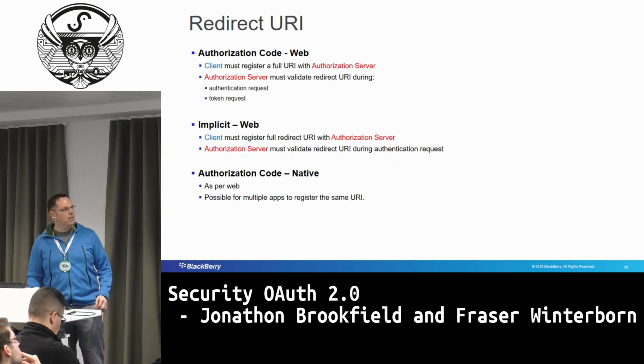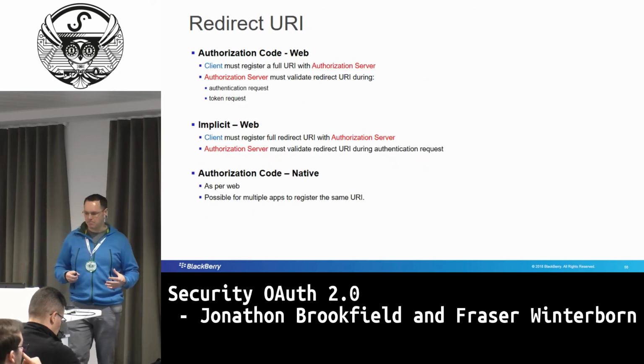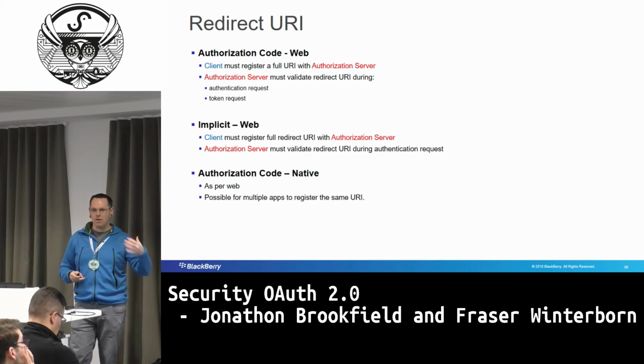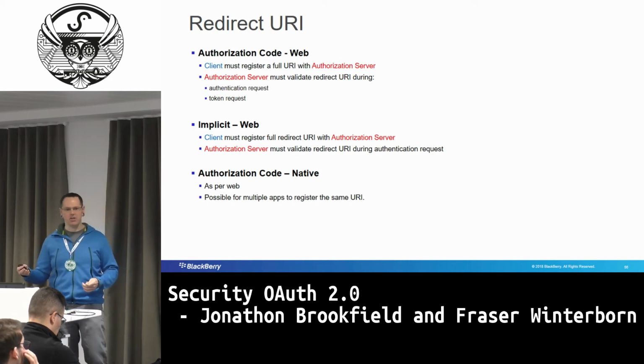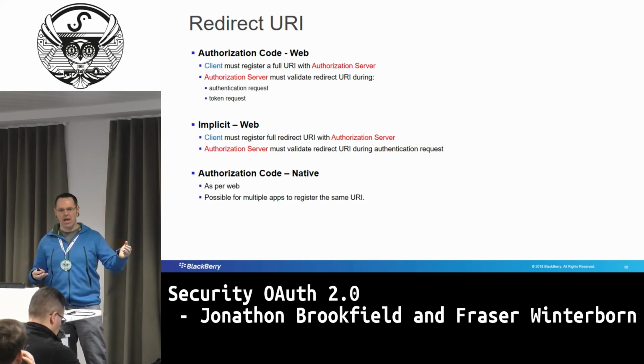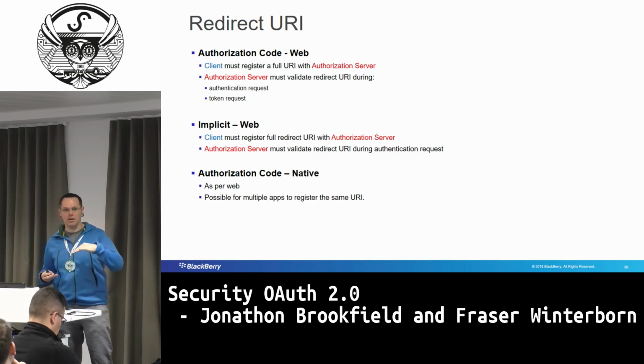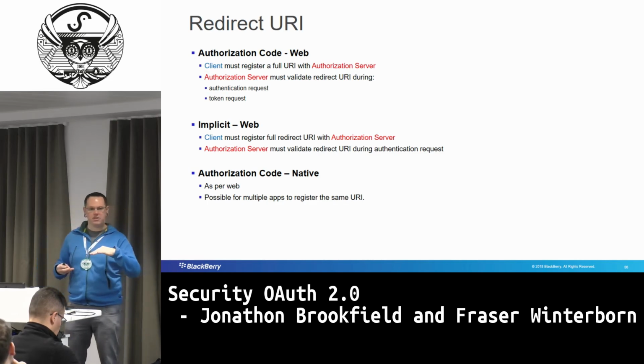In terms of the redirect URIs, from the client perspective, you need to register one, at which point it's pretty much the responsibility of the authorization server to check that the redirect URI at the appropriate points in the protocol is the one that was registered.